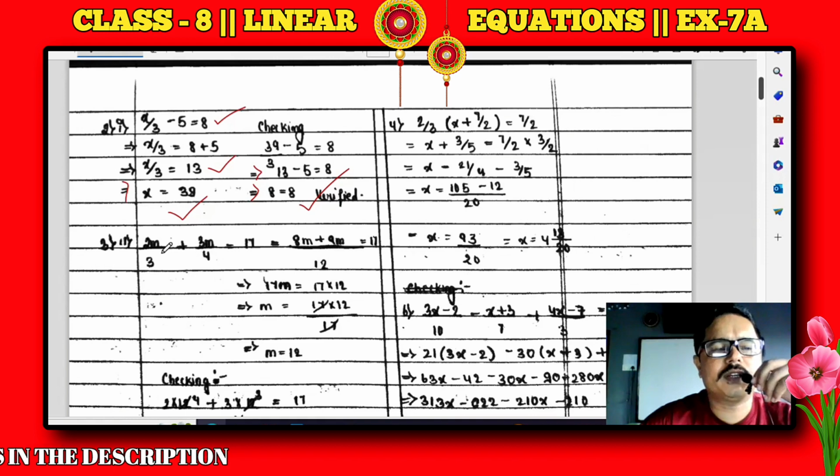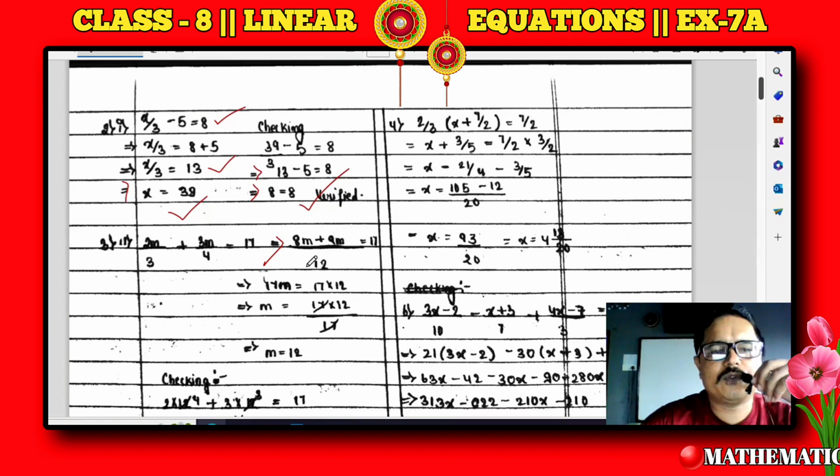So here the question is 2m by 3 plus 3m by 4 is equal to 17. So we need to simplify the left side. In the left side, this is in fraction mode, so we will take the LCM of 3 and 4, which will be 12. So 3 into 4 is 12, so 2 into 4 is 8, and 4 3s are 12, so 3 into 3 is 9m is equal to 17.